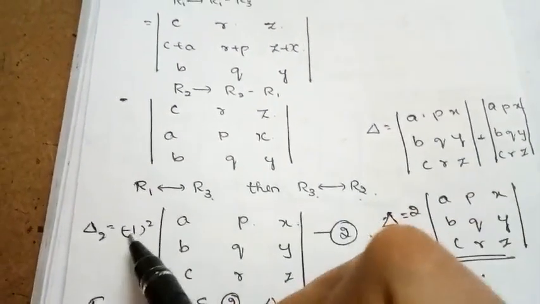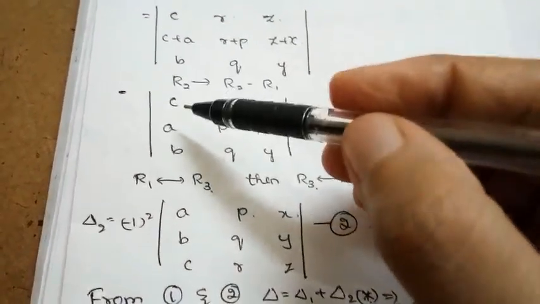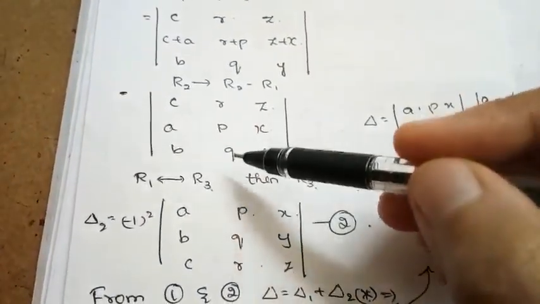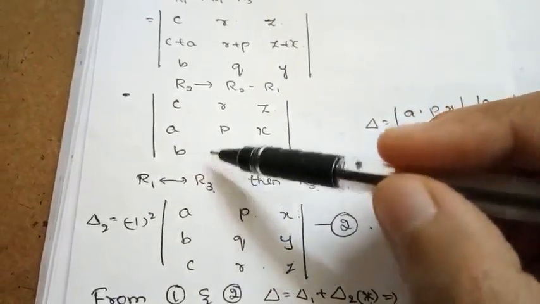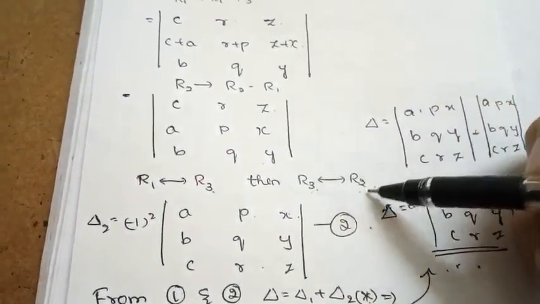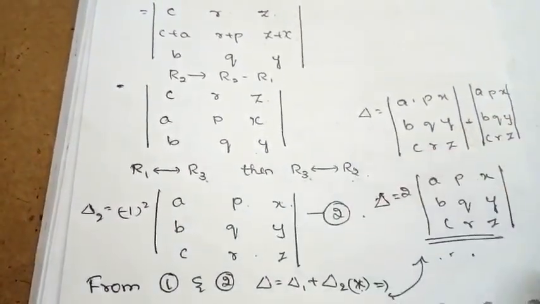Since I interchanged 2 times, I used minus 1 squared. When R1 is interchanged with R3, CRZ goes to the third row, and BQY, which was in R3, goes to the first row. Then R3 is interchanged with R2. After interchanging, we get this one.